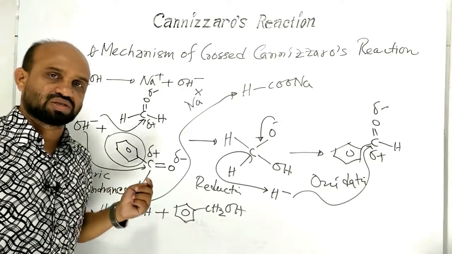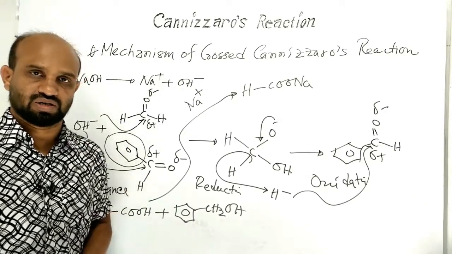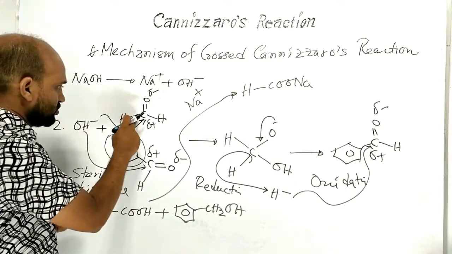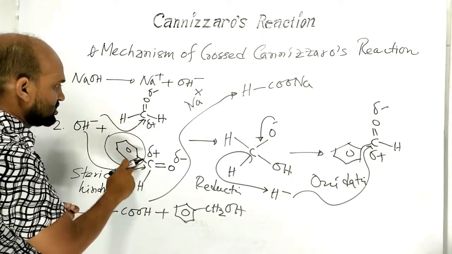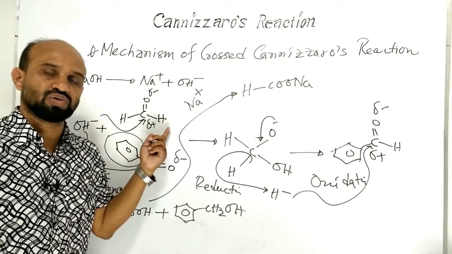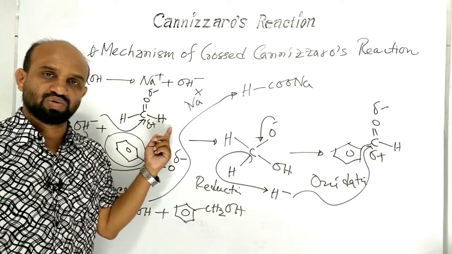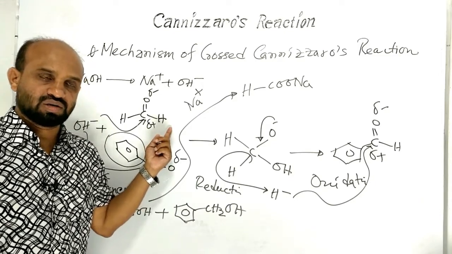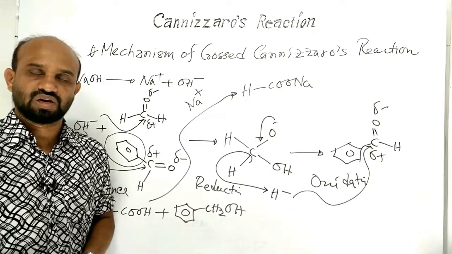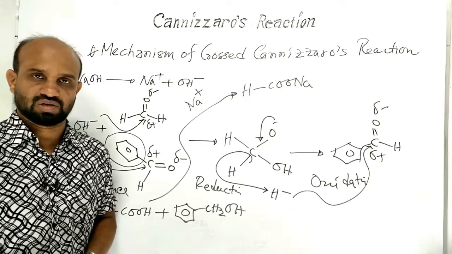This is called steric effect or steric hindrance. So due to steric hindrance from the formaldehyde and benzaldehyde, formaldehyde must turn into formic acid through oxidation, and as a result benzaldehyde turns into benzyl alcohol through reduction.